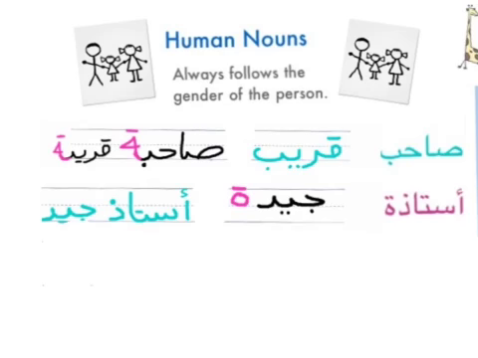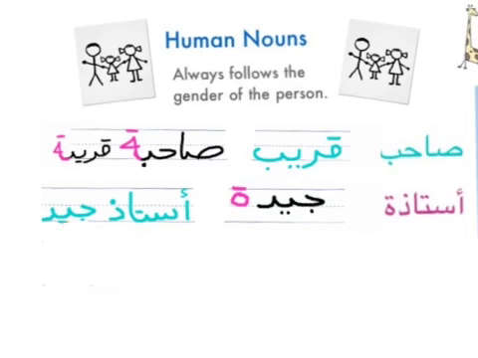Same here, we have أستاذة, female professor, and if you want to describe the أستاذة, you would say good. I would say excellent, but let's use good. So good here, جيدة, takes تا مربوطة, feminine, because it's a feminine noun, so the adjective should be in the feminine. And for the male professor, teacher, the adjective is جيد, أستاذ جيد.